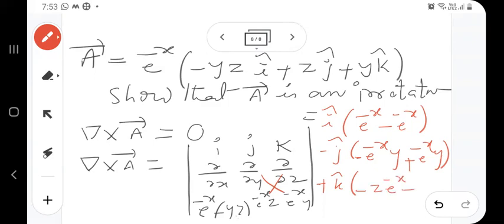Next, dou by dou y of this is plus z e power minus x. So all the terms get cancelled. That gives 0. So del bar cross a bar equals 0, we got.